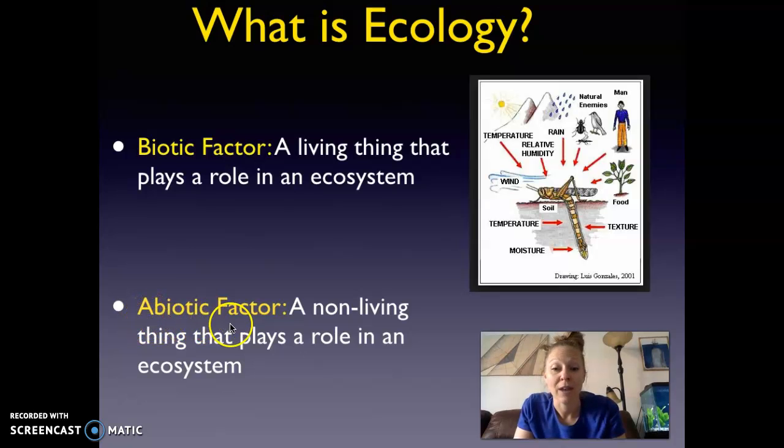So abiotic factors are non-living things. So that would be things like the sun. They have a big job in ecosystems. Rain, humidity, carbon dioxide, so the gases that we breathe in or breathe out, are all very important even though they're not alive. And so those are abiotic factors, and they play a role in our homes and how we interact with other organisms.